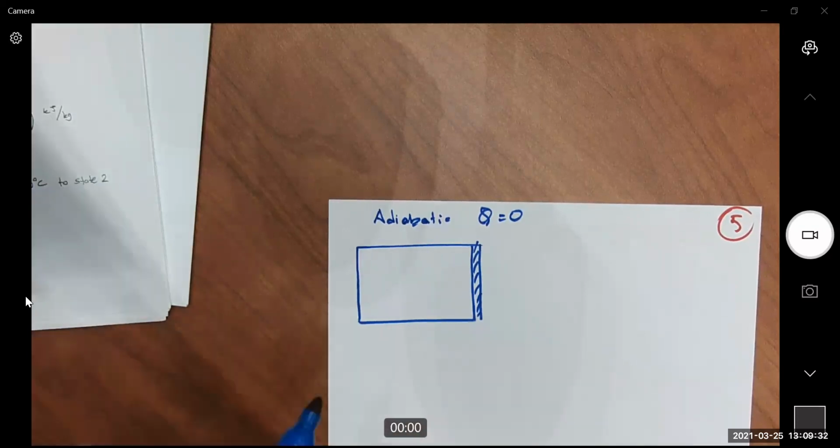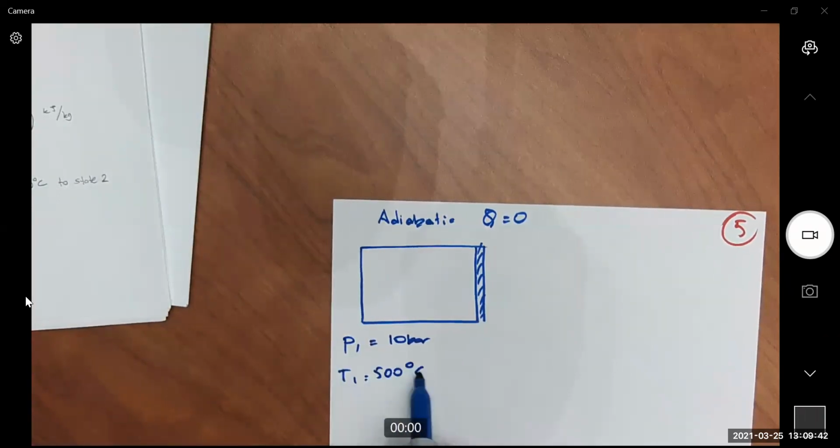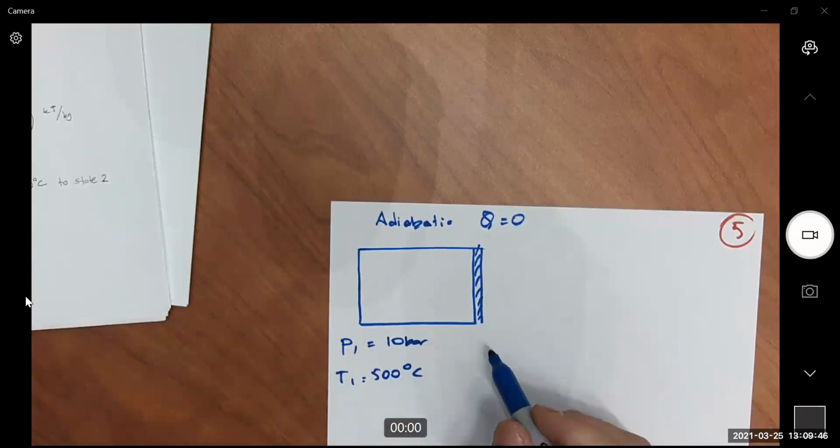The problem statement says that pressure at state 1 is 10 bar and temperature is 500 Celsius, and the system expands to a second state where pressure is 1 bar and temperature is 200 Celsius.